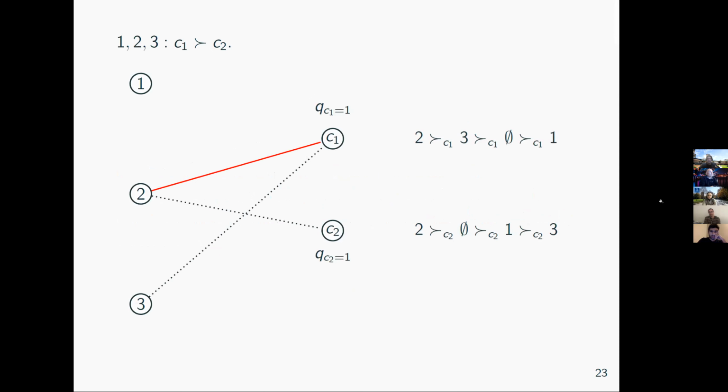And based on that, you can then run the deferred acceptance algorithm. But it turns out in that case that agent 2 is matched to C1 and that is it. So it does not find another matching, which is actually maximum size, which is this matching in blue. And what we want to do is find a matching which is maximum size. And it also is a matching which satisfies other nice properties such as respect of priorities.